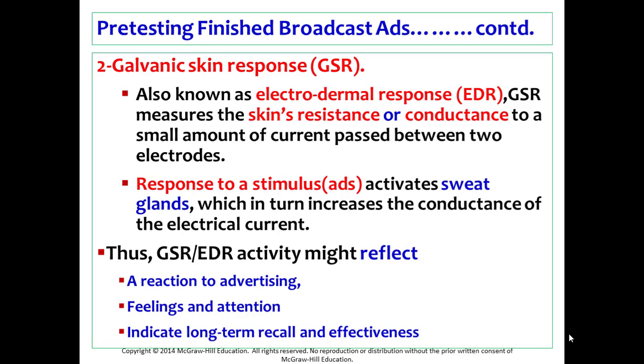If the customer has interest in the advertisement, or if they dislike the advertisement, the sweat that is measured from the skin of the subjects tells whether the customers are satisfied, interested, or disinterested in the advertisements.